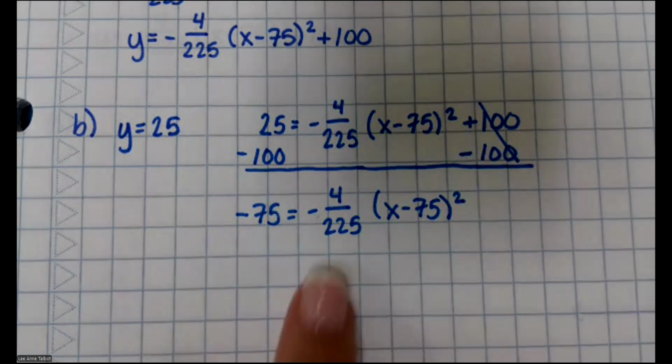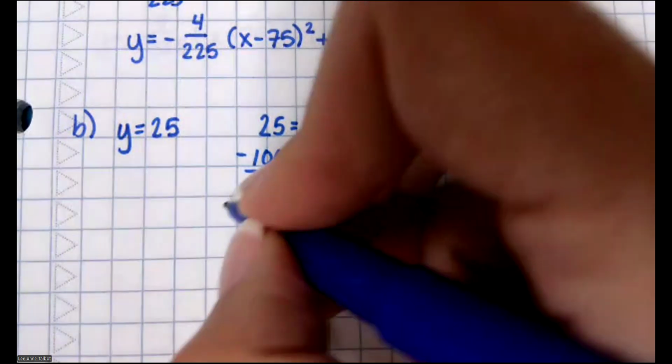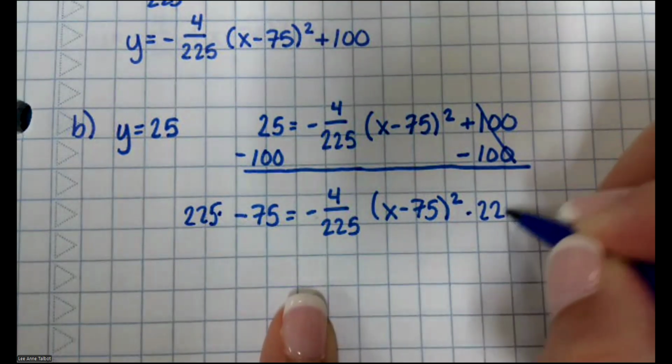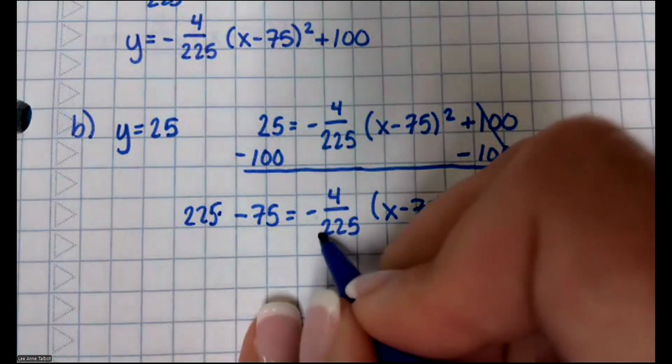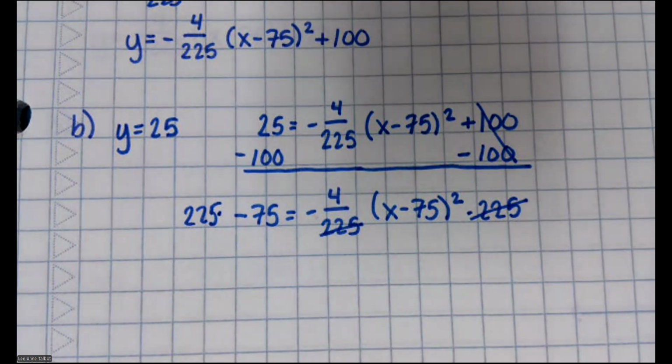Okay, now the next thing I want to do is get rid of the denominator here. So I'm going to multiply both sides by 225, and that will cancel out the denominator. 225 times negative 75.